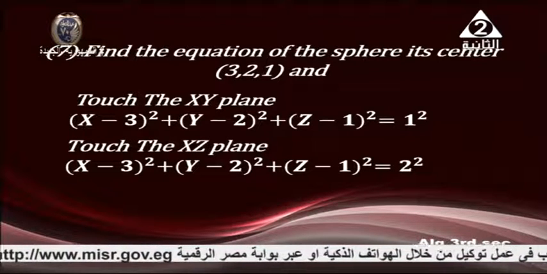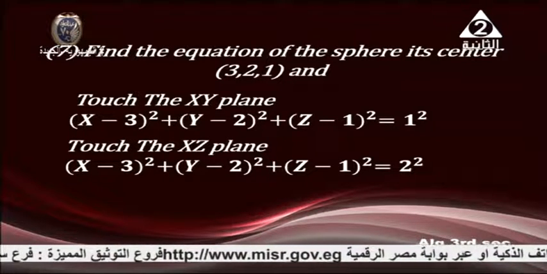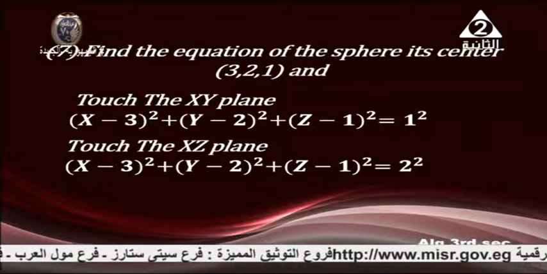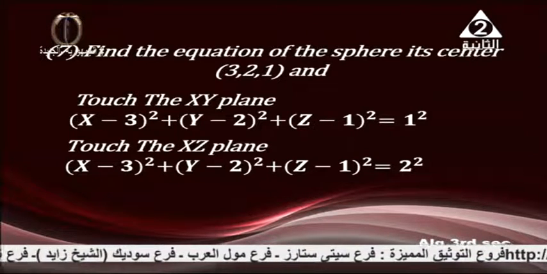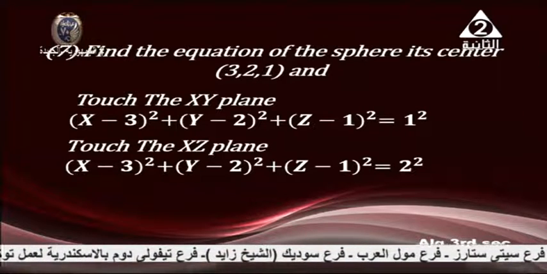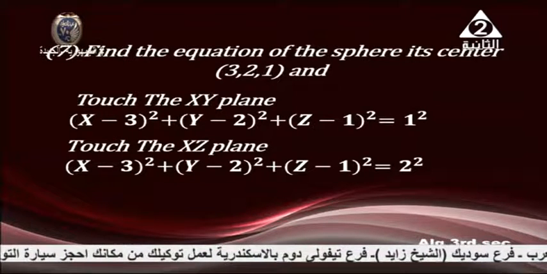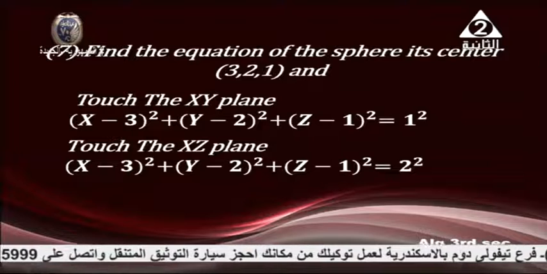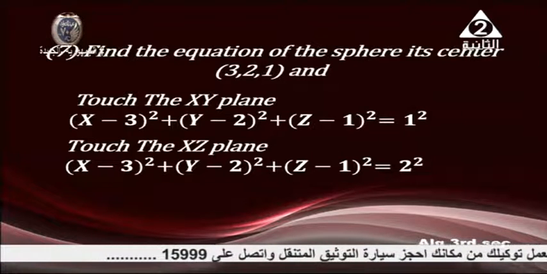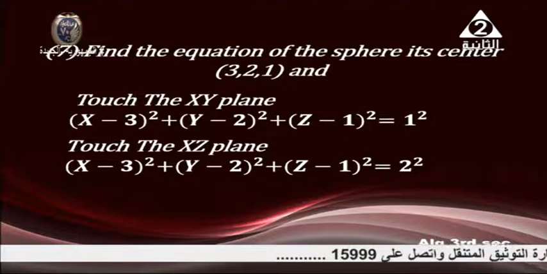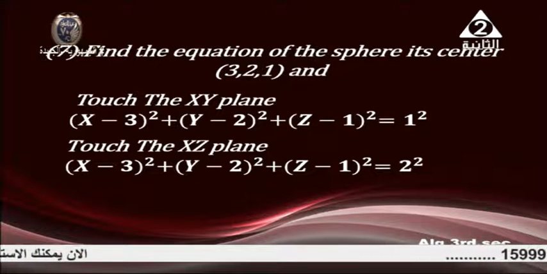When the sphere touches the xz plane, what is the radius? The absolute y coordinate of the center. Look at the center 3, 2, 1. What is the radius? Absolute 2, which is 2. Then radius 2.